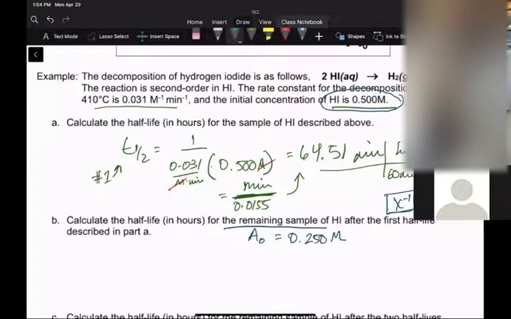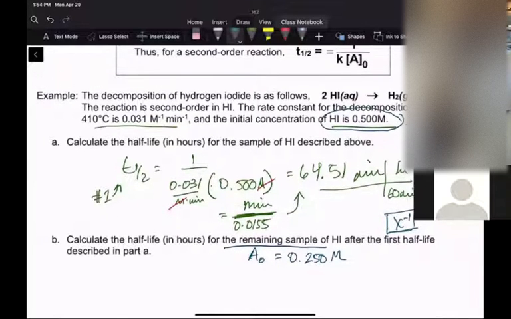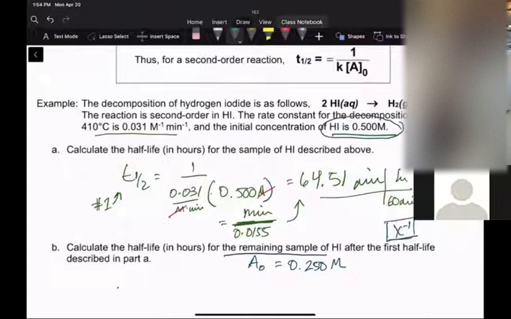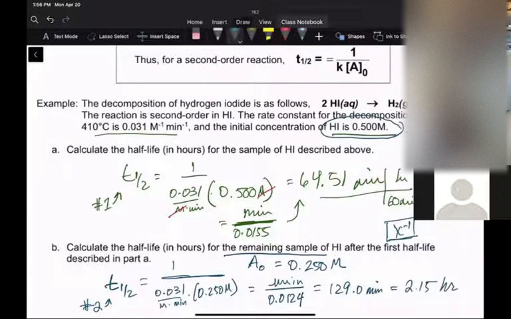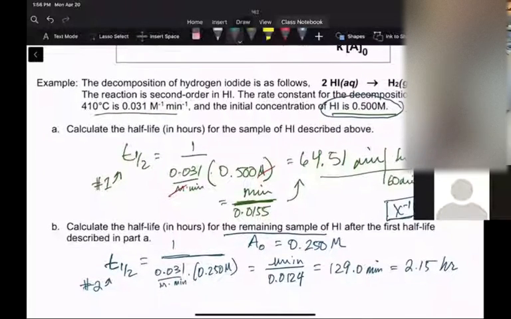So we have a new A naught, and that matters because it's in the equation for the half-life. So the second half-life has the same k and the smaller new concentration. So it slows down.